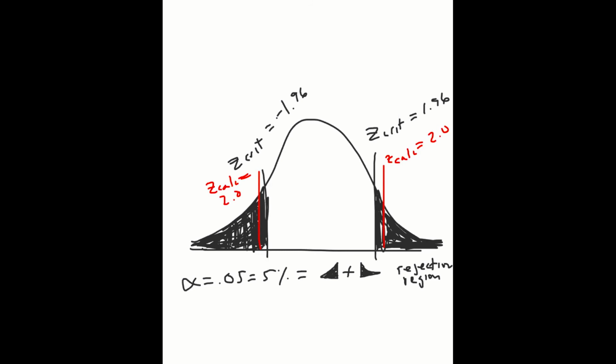Then what I can do is take this and draw all the area from my Z calculated value to the end of that nearest tail. And we can say P is going to be equal to the actual probability of finding that extreme of a case or more extreme.